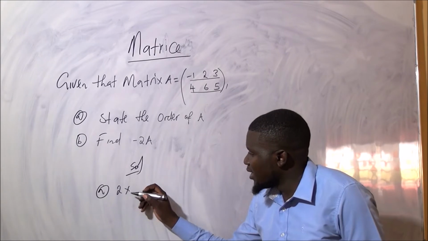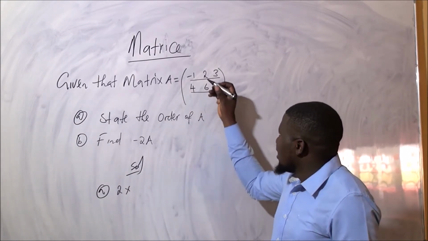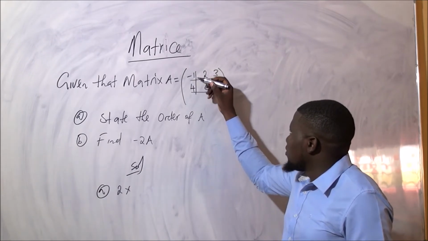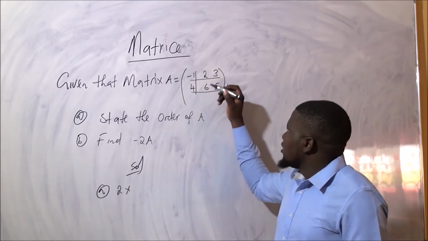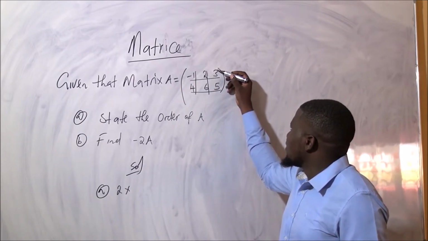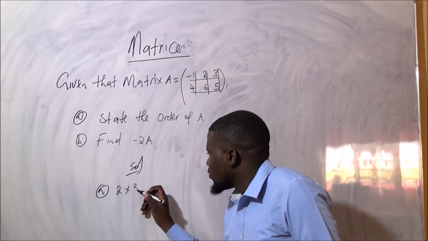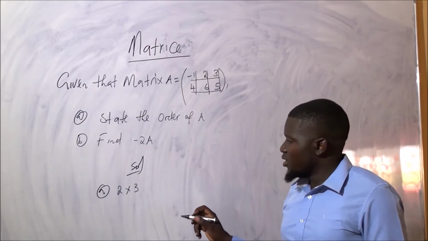By the number of columns, how many columns are we having there? Negative 1 and 4, first column; 2 and 6, second column; 3 and 5, third column. So we have 3 columns there.